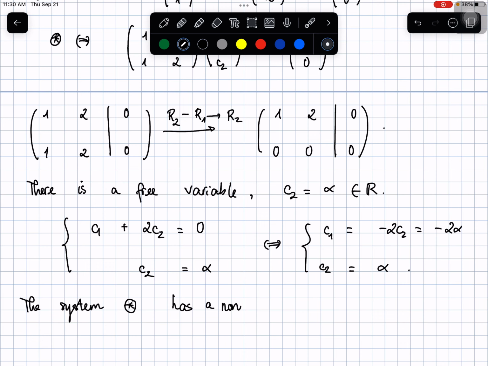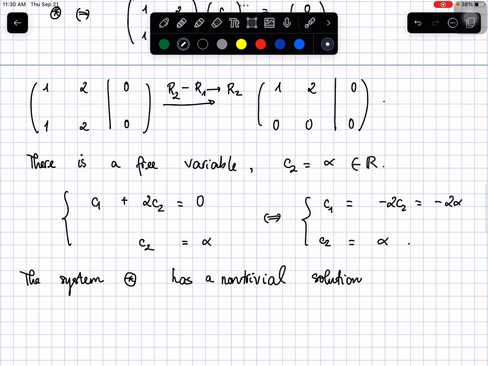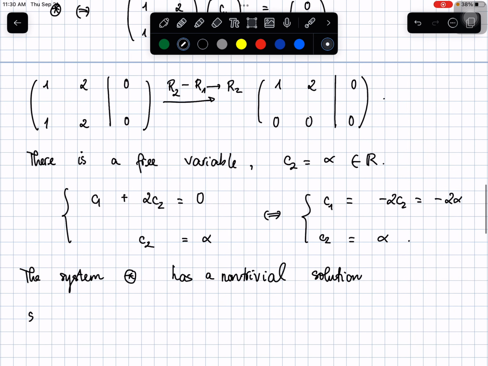There are infinitely many non-trivial solutions, but we just say one is enough. For example, take minus 2 and 1.